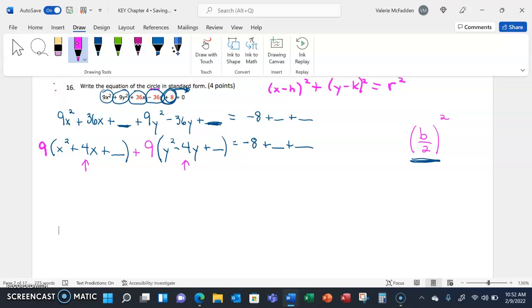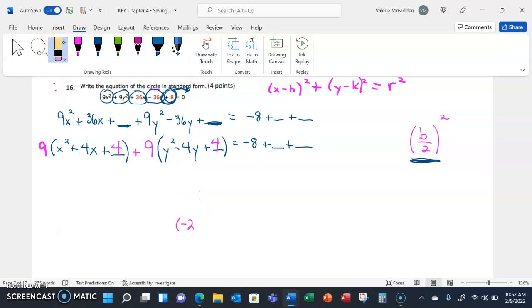I just do this in my head, but I can show you. Half of 4 is 2. 2 squared is 4. So we add 4. And for the y's, half of negative 4 is negative 2, and negative 2 squared is also 4.